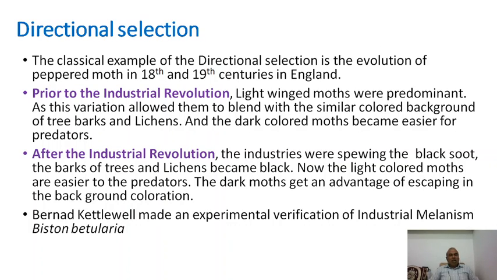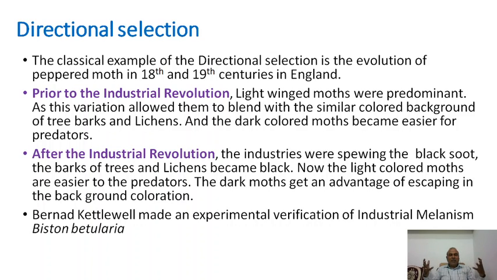Bernard Kettlewell, a scientist, a neo-Darwinist, made an experiment with these peppered moths, Biston betularia. He took members with the two varieties, black color and grey color, and introduced equal numbers in Birmingham, the polluted area, and in Dorset, the unpolluted countryside.